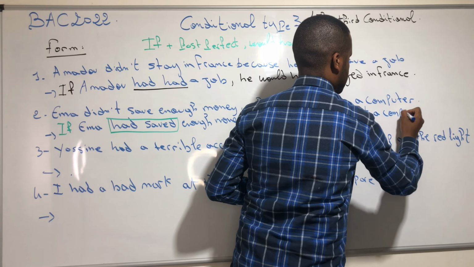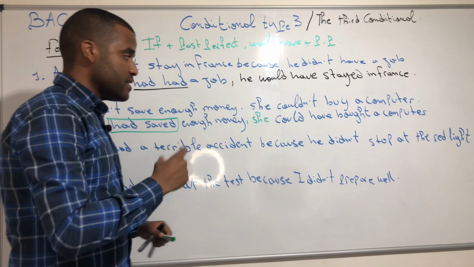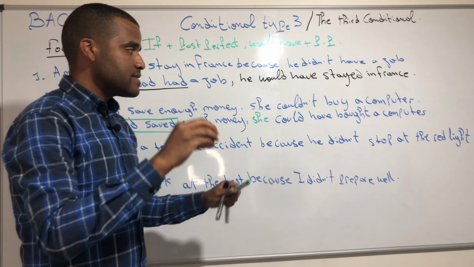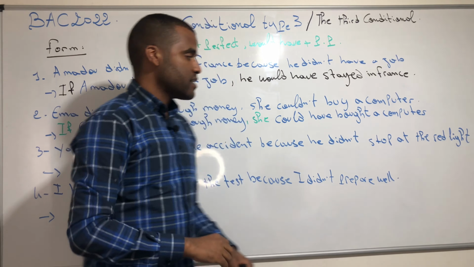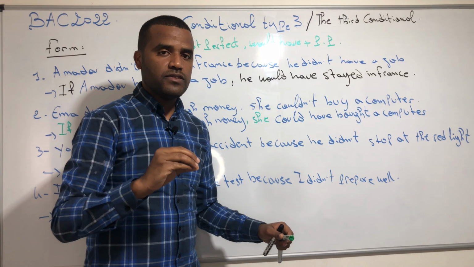Good. So the third sentence: Yasin had a terrible accident because he didn't stop at the red light.